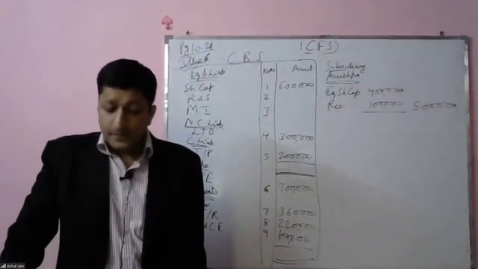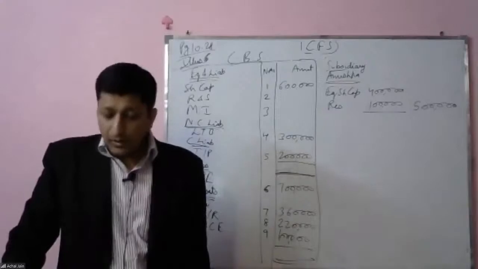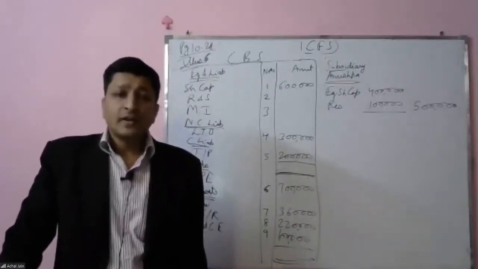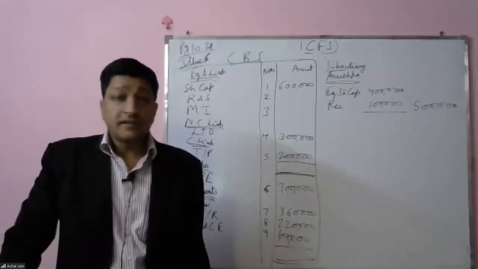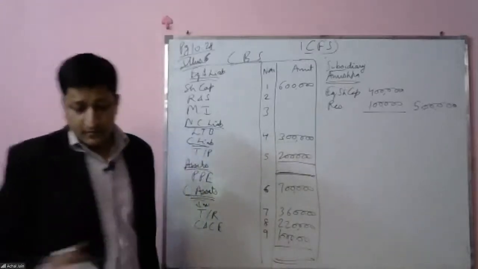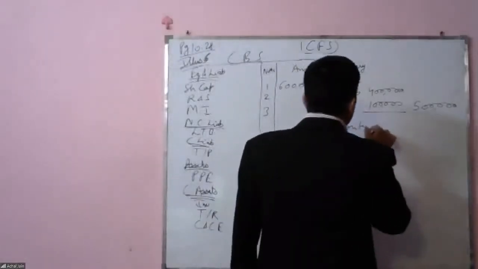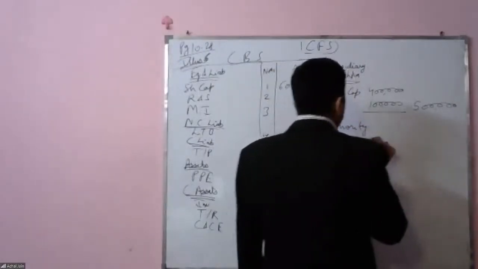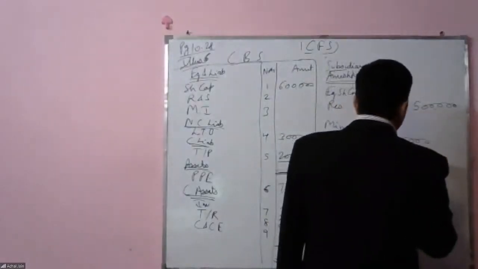Correct? Now a portion of this will go to minority and a portion of this will go to the majority. So what's the portion that will go to the minority? Minority interest will be 5 lakh into 20%.